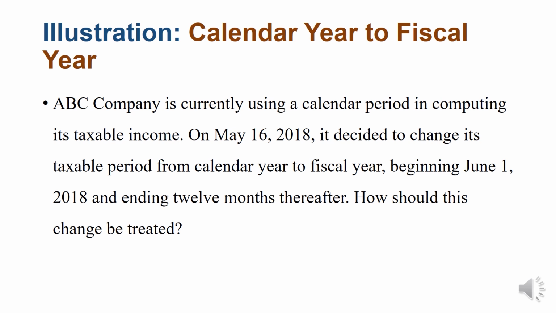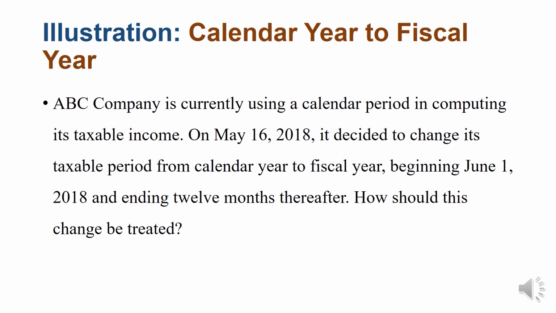How should this change be treated? So, again, ABC Company is currently using calendar year from January 1. And supposedly, this calendar period will end on December 31. Okay, however, on May 16, during the year, it decided to change from calendar year to fiscal year, which should begin on June 1, 2018 and will end on May 31, 2019, right?